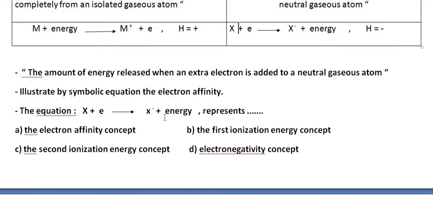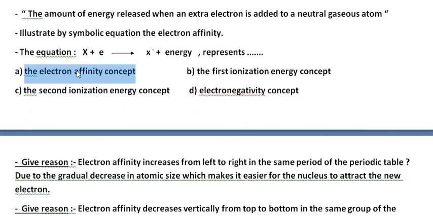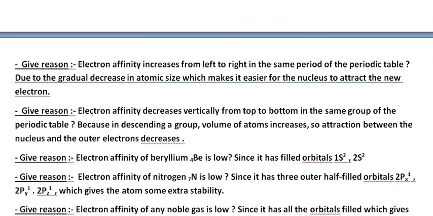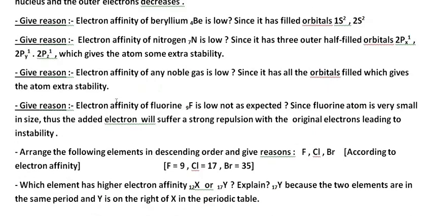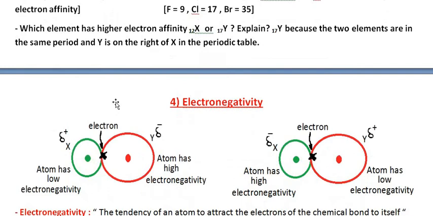This equation represents the electron affinity, not the ionization energy. In the ionization energy, the energy is on the left hand side, but here the energy on the right hand side is the electron affinity. So this is the answer: electron affinity. These are some questions, comparison, and so on.